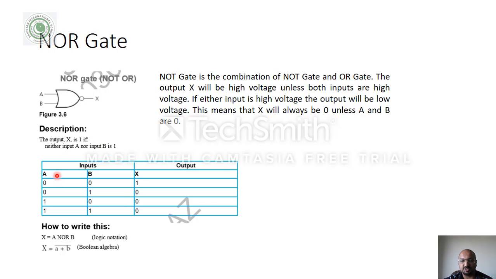As you can see, the truth table is here. Now let me explain it. Here is input A, this is input B, and there is the output X. It is the combination of two gates, so let me draw it.